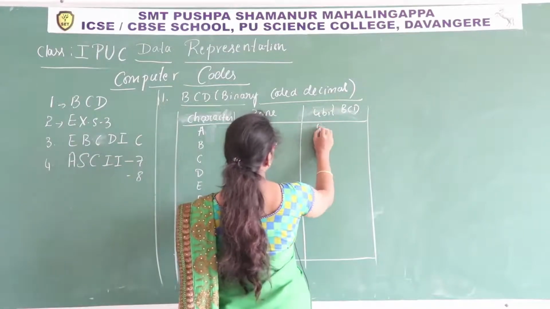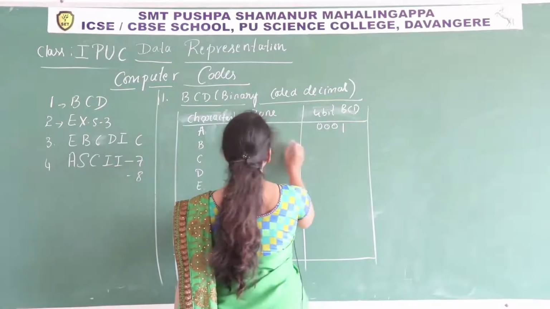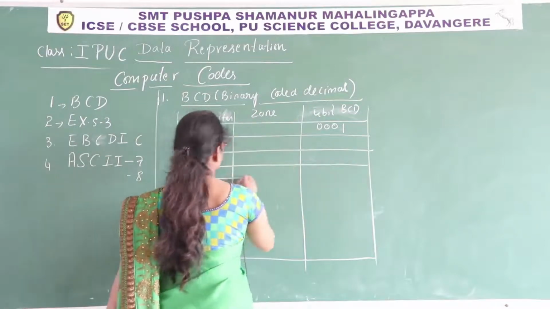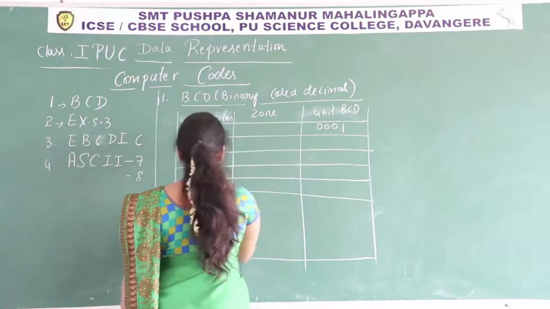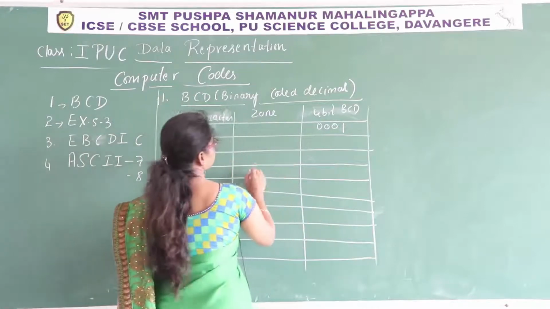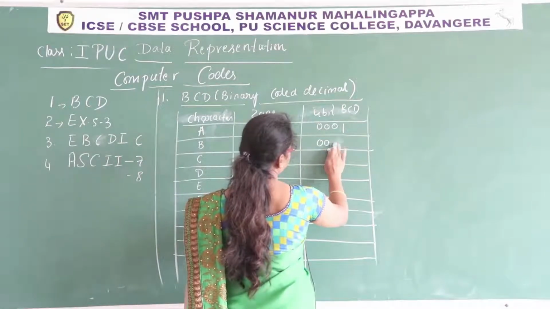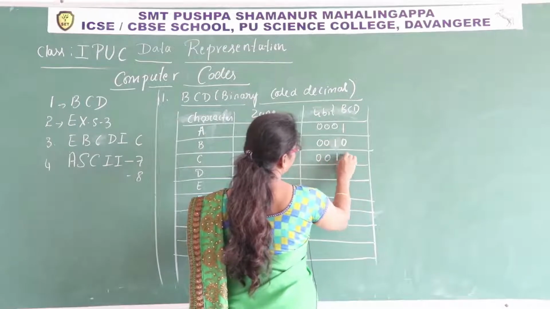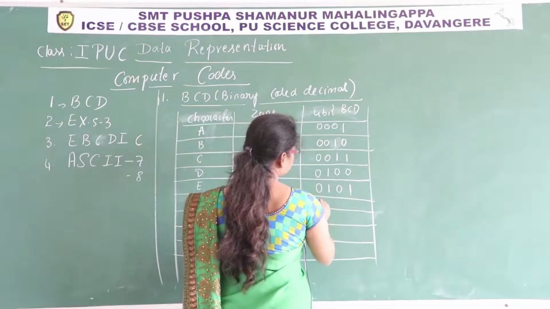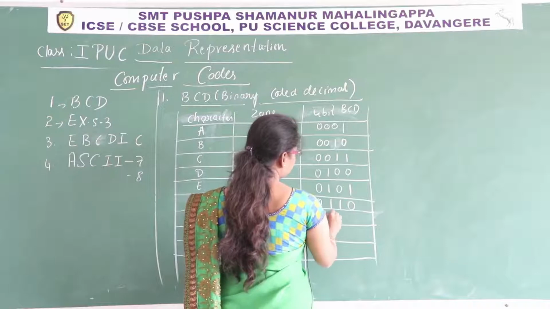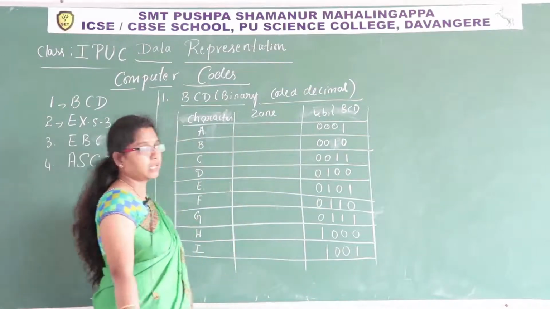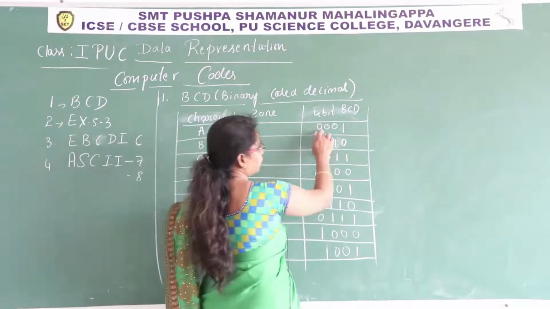How to write 1 in 4 bits? 0001. 2 is 0010, 3 is 0011, 4 is 0100, 5 is 0101, 6 is 0110, 7 is 0111, 8 is 1000, 9 is 1001. I hope you understood how I have written this, the 8421 method.